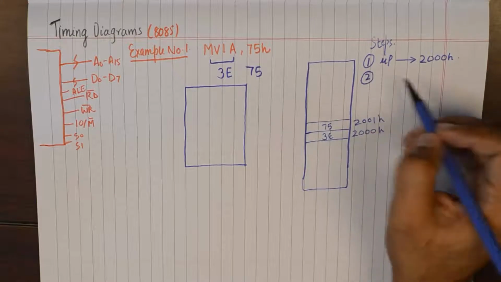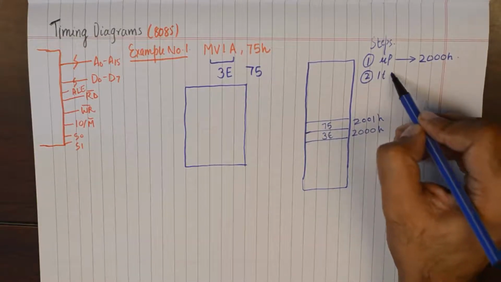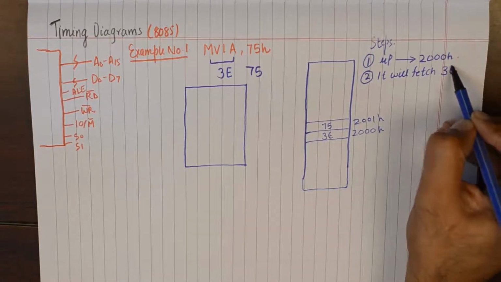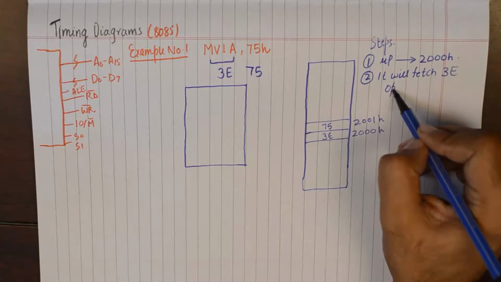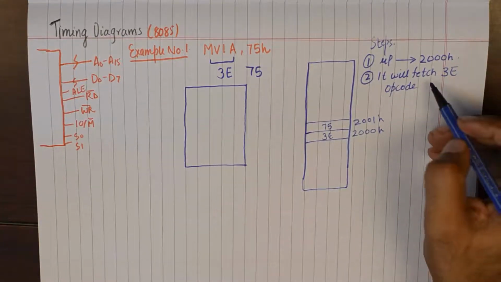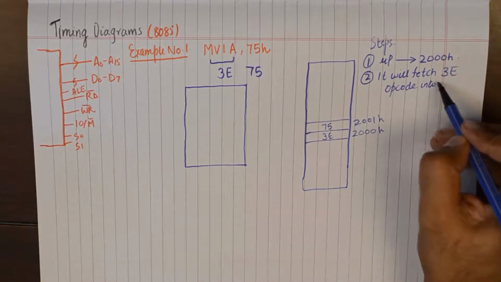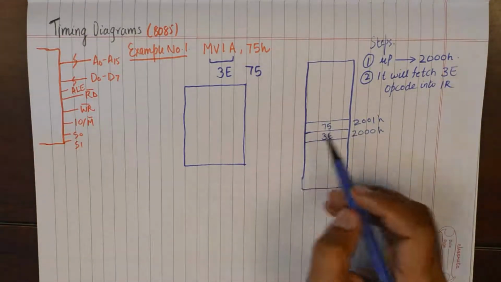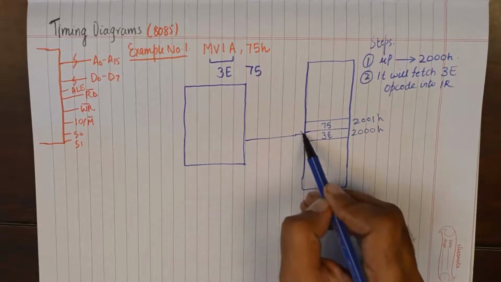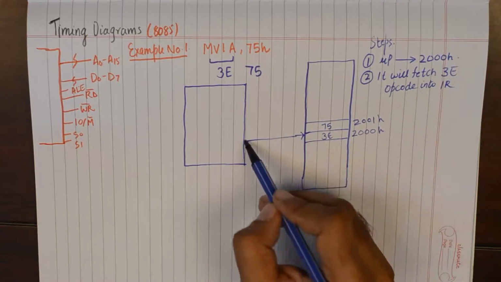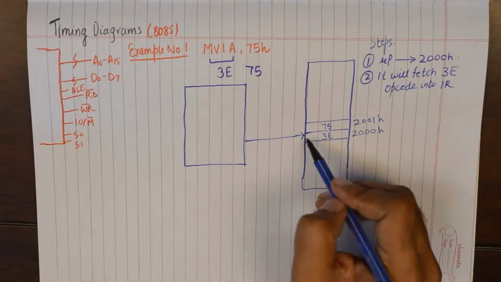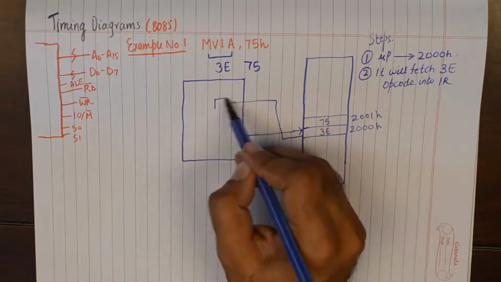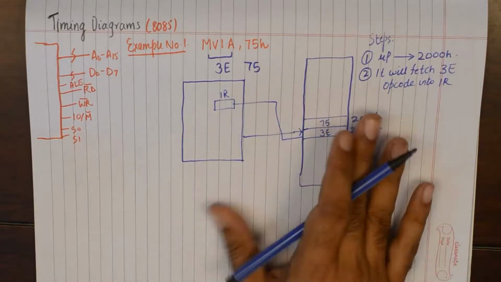Step number 2, it will fetch 3E opcode into instruction register. So graphically it is represented as microprocessor going to 2000 and then fetching 3E and putting it in IR.